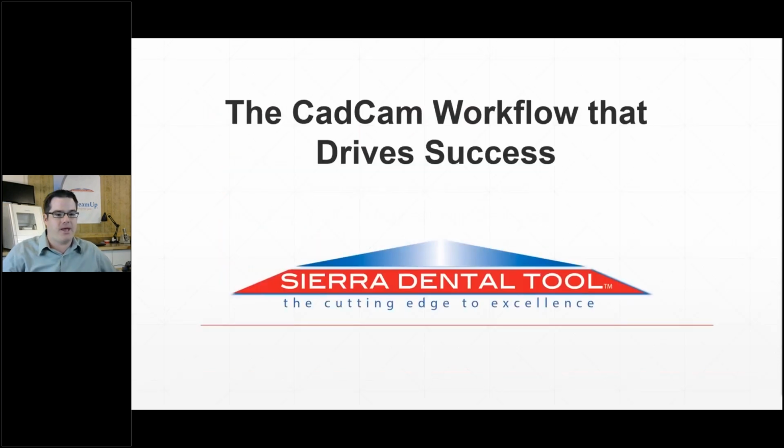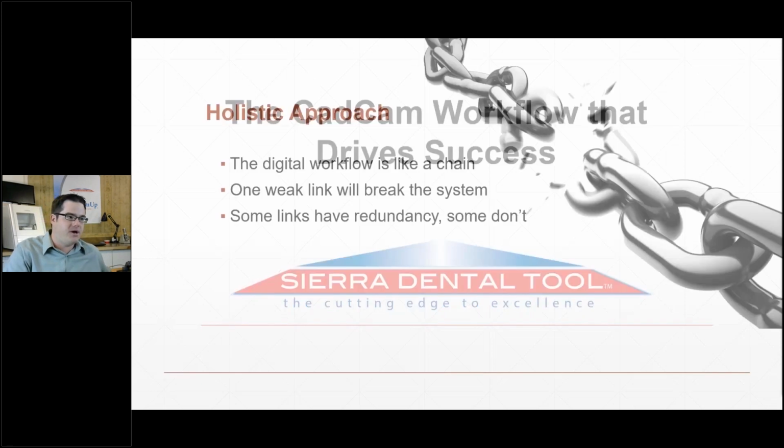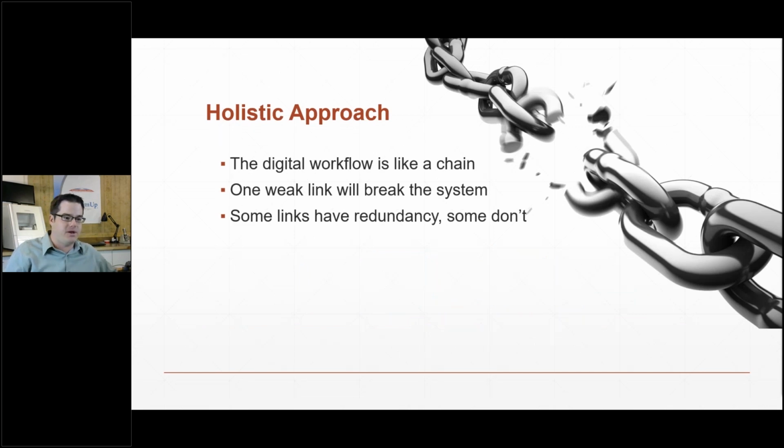So when we're talking about CAD/CAM, that's a broad term now. It basically means anything that's digital in nature, and most labs now have some sort of a digital aspect to their production. And what I find is that a lot of times people tend to focus in on one point of the system, and you really should think about your CAD/CAM, your department or your process as one entity.